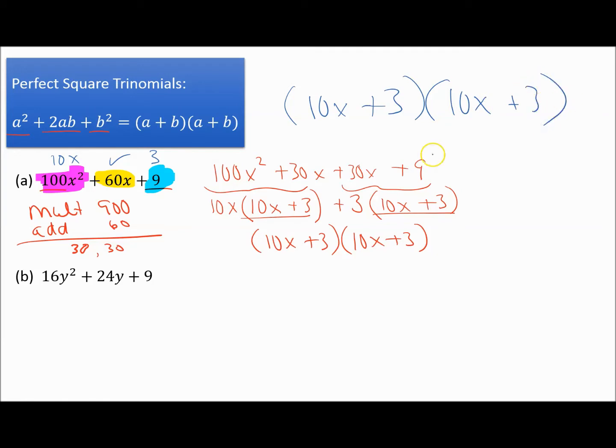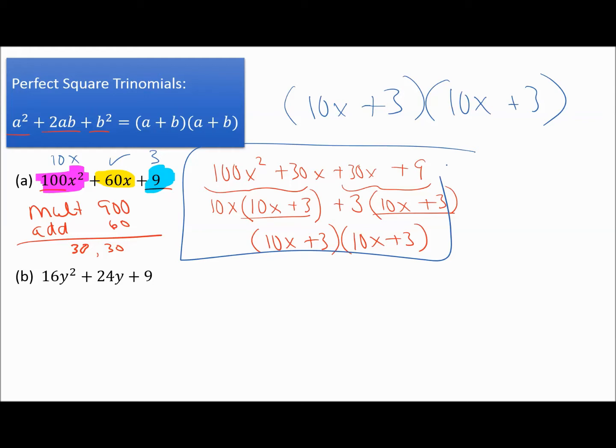Now what I want to point out is this method works just fine. We didn't have to learn a new method to factor this problem. We already have a method for factoring this problem, so don't feel like you have to learn the perfect square trinomials rule. On the other hand, it can make your life a lot easier.